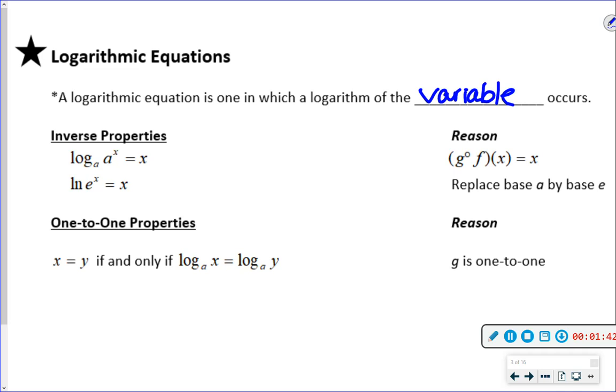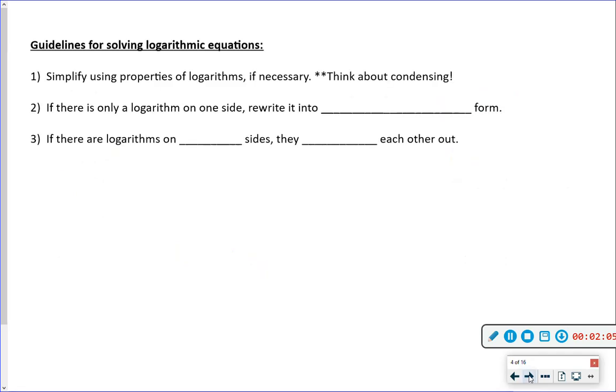Log of a variable. As always, just so they're in front of us, we can use some of our simplifying properties if we can. Your bases are the same, they cancel. ln and e cancel. We'll see this one for sure today. When you have the same thing on either side of an equation, those logs are going to cancel each other out. So you will see that again. Just throwing those on there so they're in front of us for the 50 millionth time.